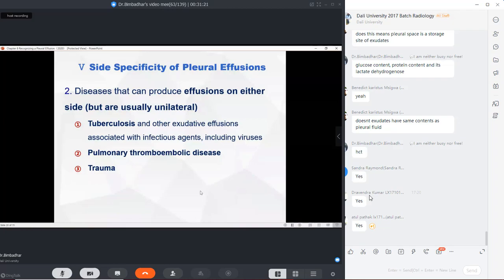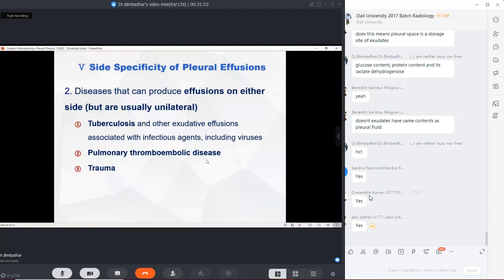And then there is another condition, trauma. Trauma means whenever there is a rib fracture, or let us say a patient came to the hospital with a suspected rib fracture on the left side lower ribs. On a preliminary examination of the radiograph, you see some fluid and a hyperdensity along the lateral sides of the film in the periphery.